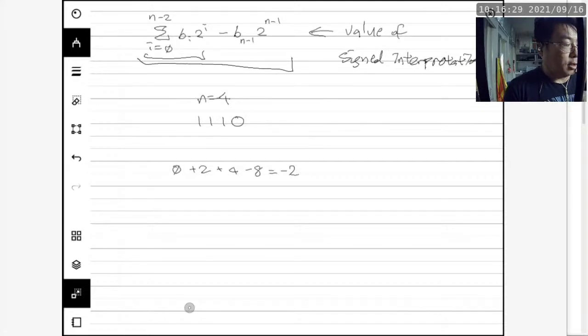I want you to look at this example and understand why 1110 as a base 2 number, using this expression, ends up with a value of negative 2.